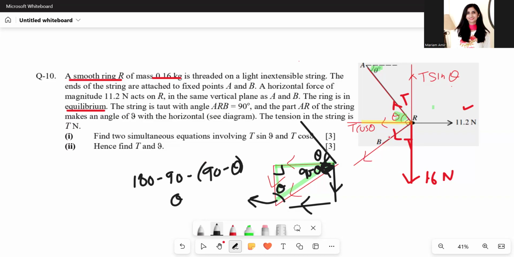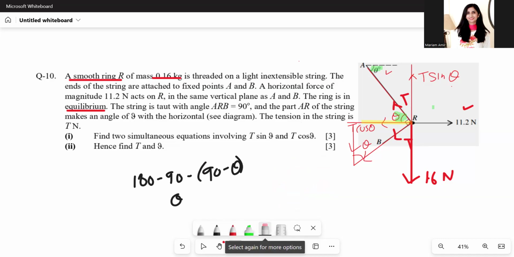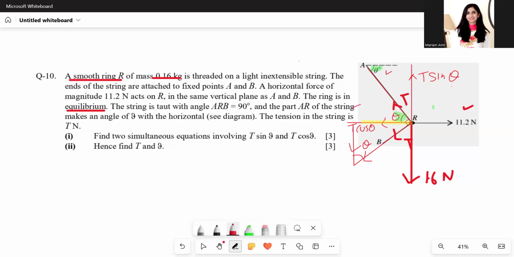So this angle here is the same as this angle here. The side opposite to that is going to be T sin theta, and this downward one is going to be T cos theta, which I am plotting here, downwards.